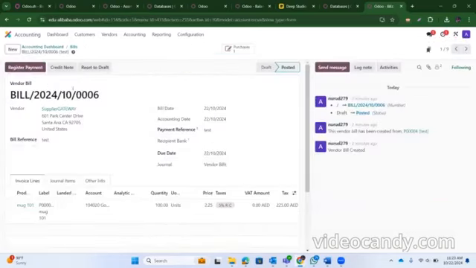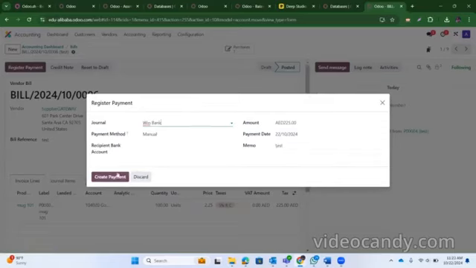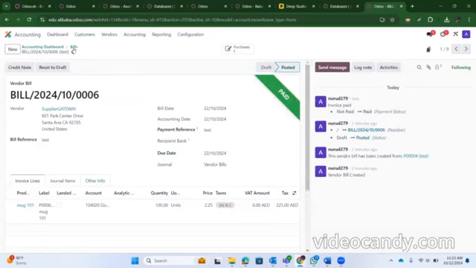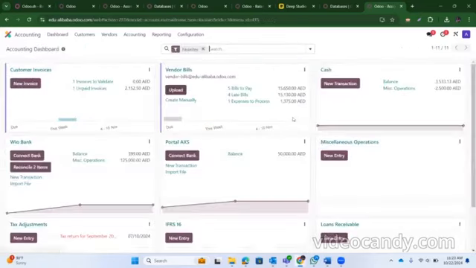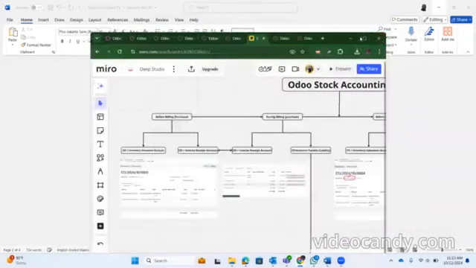So you can pay it off, supposing the payment goes through maybe bank or something. You just have to create the payment, and that is it. And there you go, the payment is done. Yeah. Now, that's the first leg of the transaction that we are seeing here.